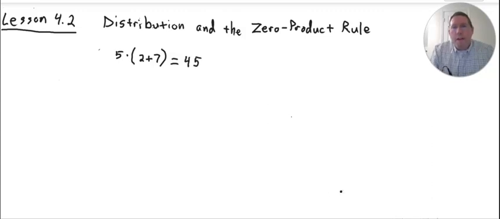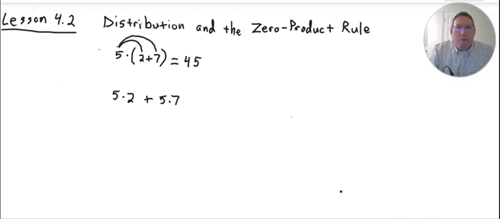But there's another way of getting this answer. We can distribute the 5 over the 2 and the 7. We can multiply 5 times 2 and then add that to 5 times 7. We're distributing. We're applying the 5 in multiplication to both the 2 and to the 7.